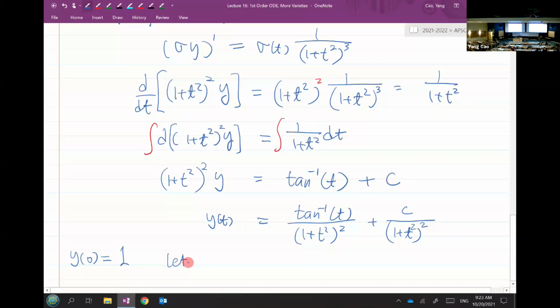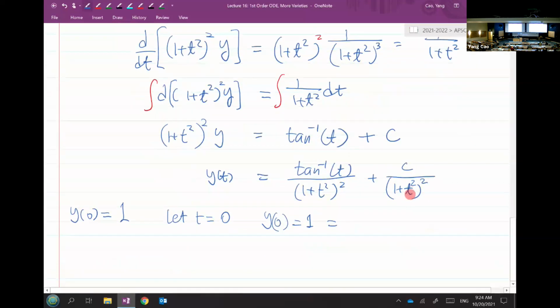So that means you let t equal to 0, and then your value of y should be 1. So let's plug in t equal to 0 for each one of the terms. Tan inverse 0 is 0. So the first term is 0. The second term is c over 1. So that basically gives you c value equal to 1.